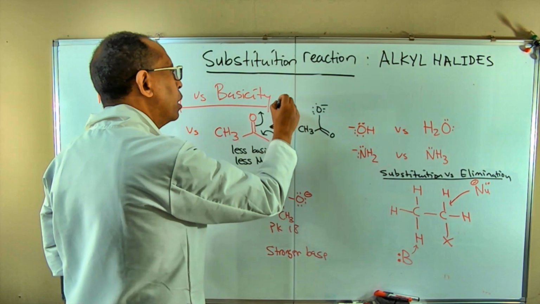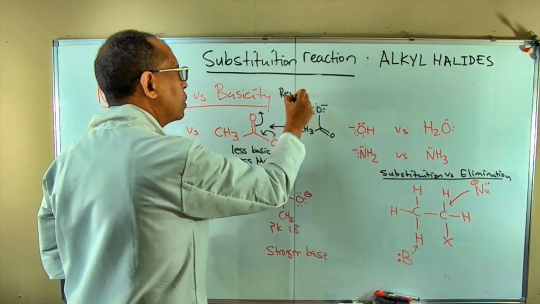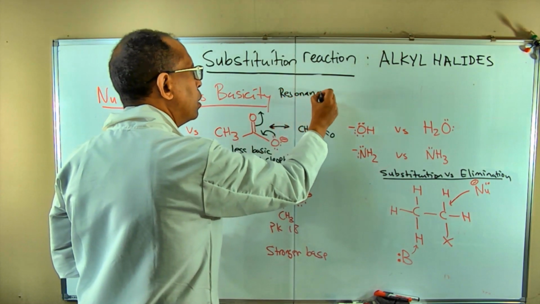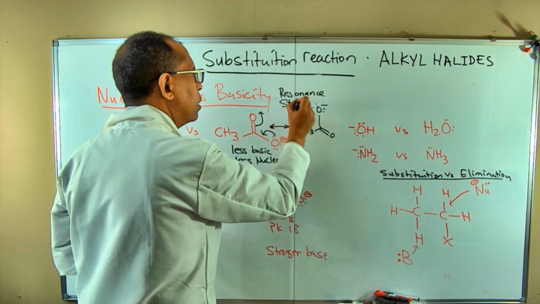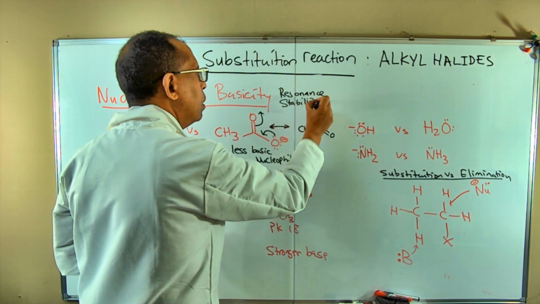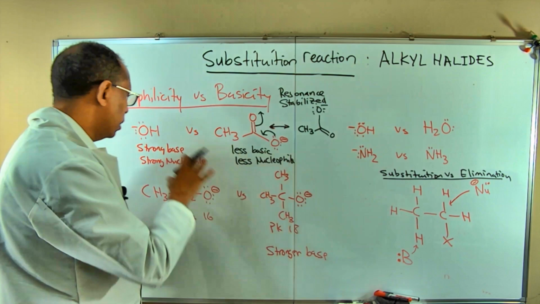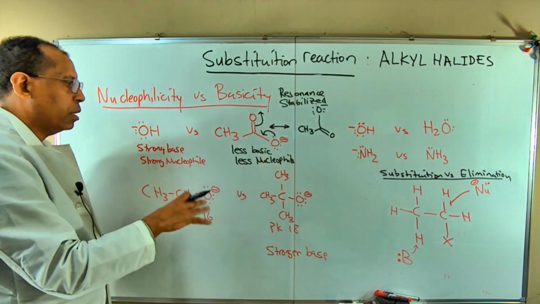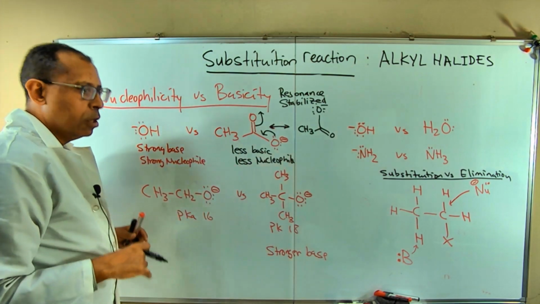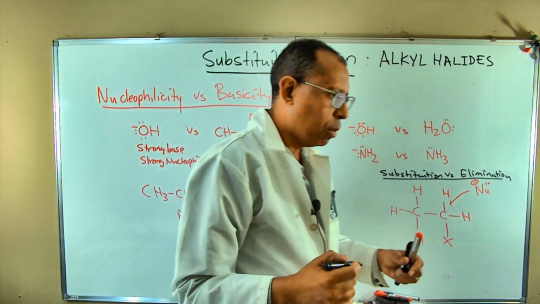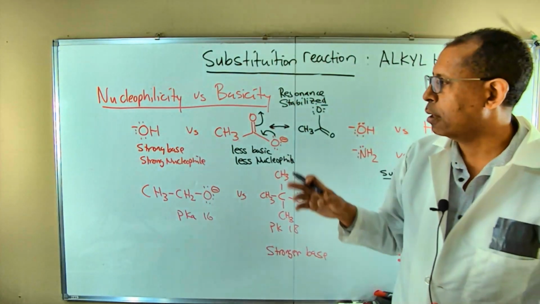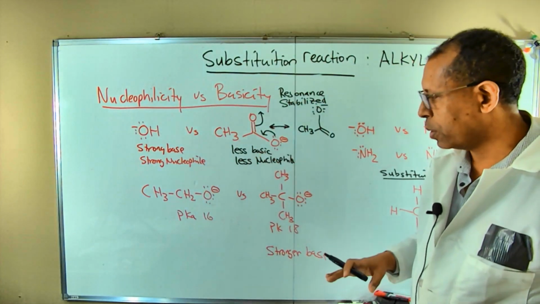So this is resonance stabilized. So it's not very available. That's why it's less basic and less nucleophilic. So far our conclusion is the stronger the basicity, the stronger the nucleophilicity.